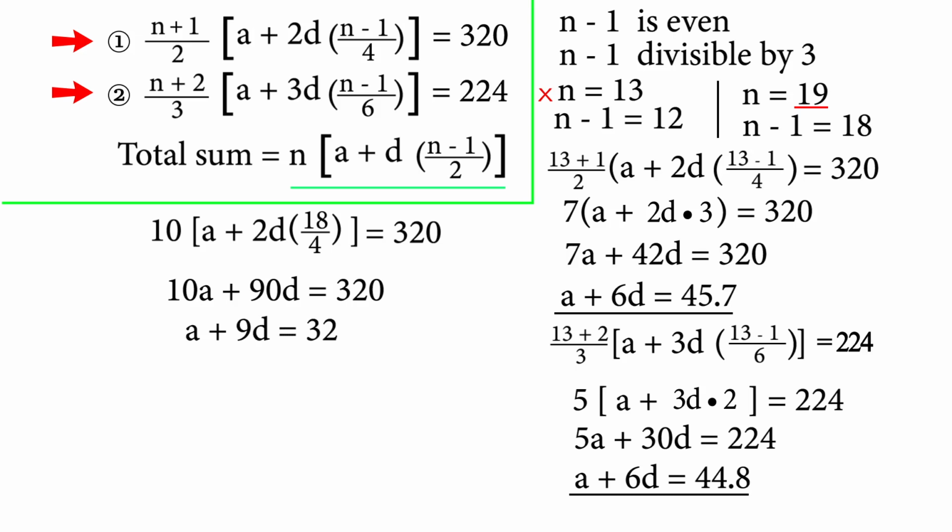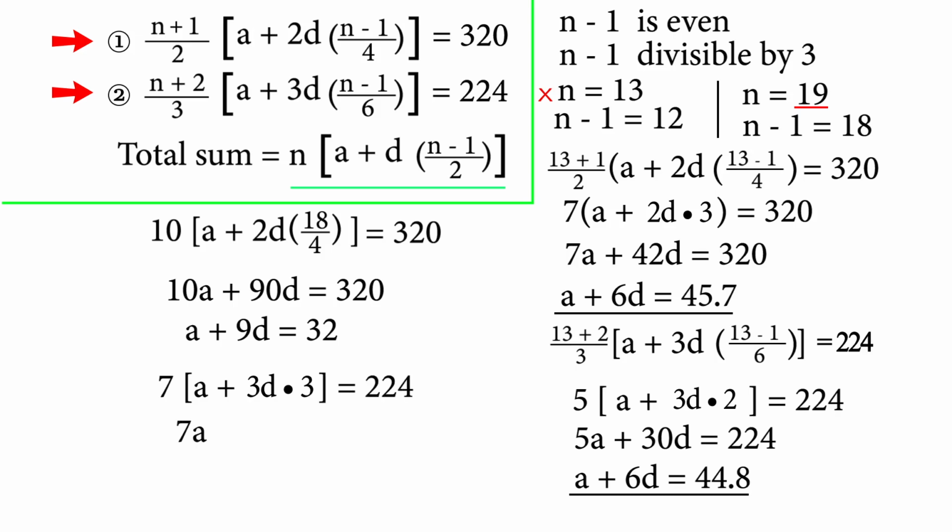Okay, let's plug n equals 19 into that second formula. That looks like it will give me 7 times (a plus 3d) times 3 is equal to 224.